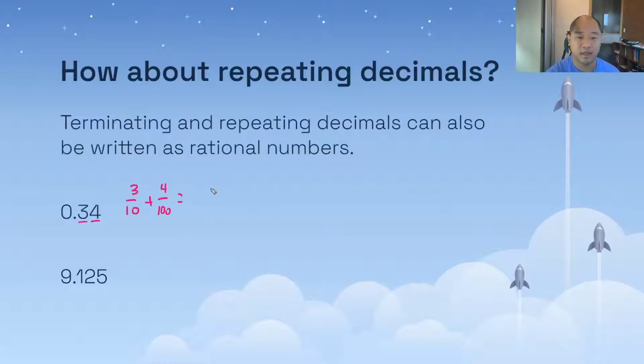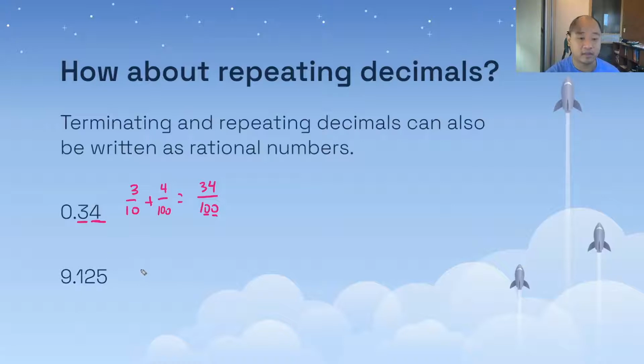Yeah. So if we add these together, we get 34 over 100. And another way of doing this a little bit easier than having this step is if you know that you have two values after the decimal, then you have 2 zeros in your denominator.